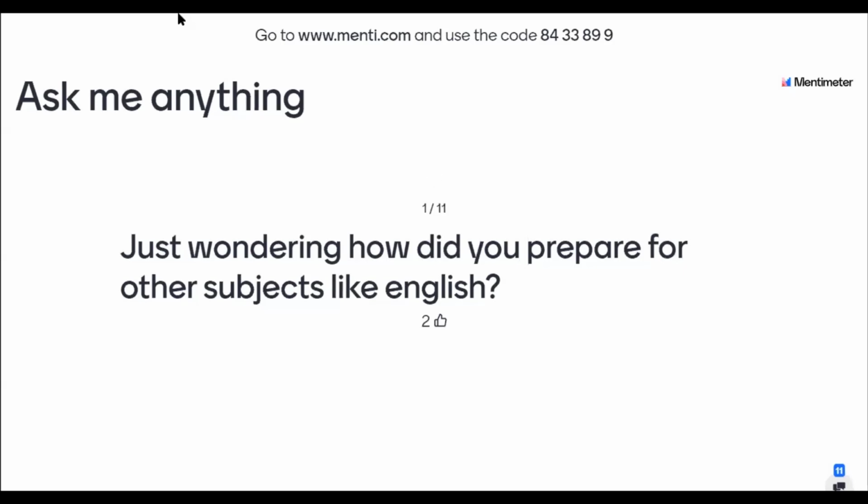Also, I got a lot of help from my English teacher, and it's definitely a good idea to get feedback from not just your English teacher but from your peers as well. You can do peer marking and so on and give each other feedback, and that's how you can better improve your English skills.